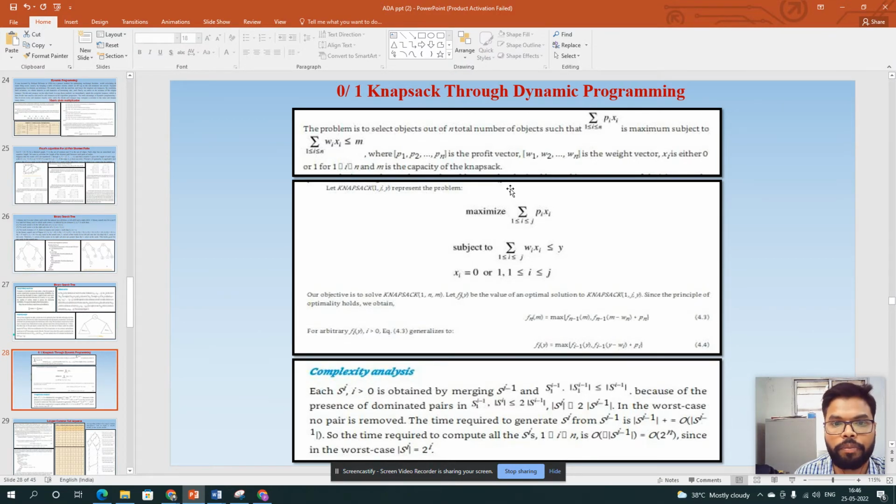The fractional knapsack problem allows the value of each xi from 0 to 1, meaning xi may be 0, 0.1, 0.2, and so on up to 0.9 and 1. But in the case of the 0/1 knapsack problem, which is solved by using dynamic programming, the value of x is either 0 or 1.